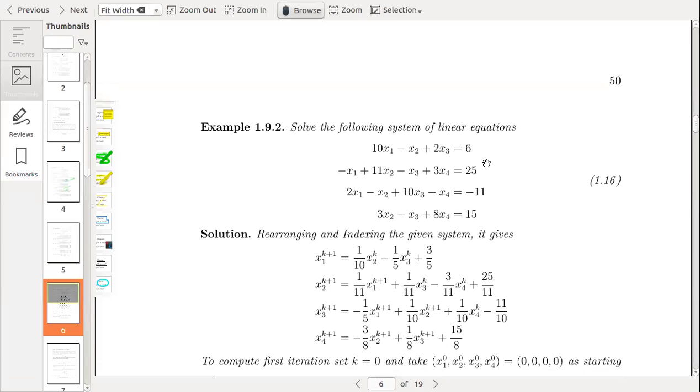Solve the following system of linear equations. So this is the system of linear equations, rearranging and indexing the given system it gives.